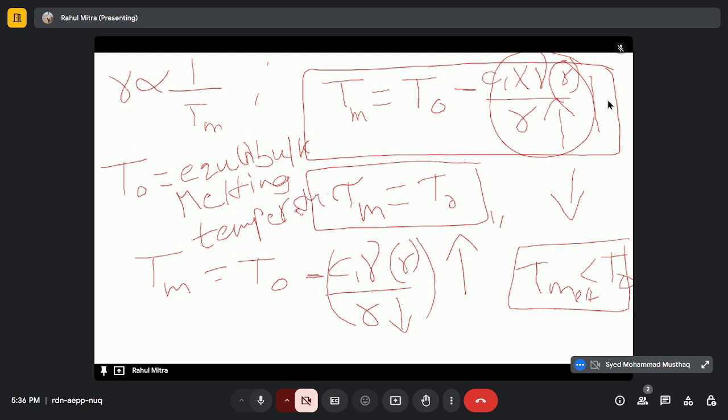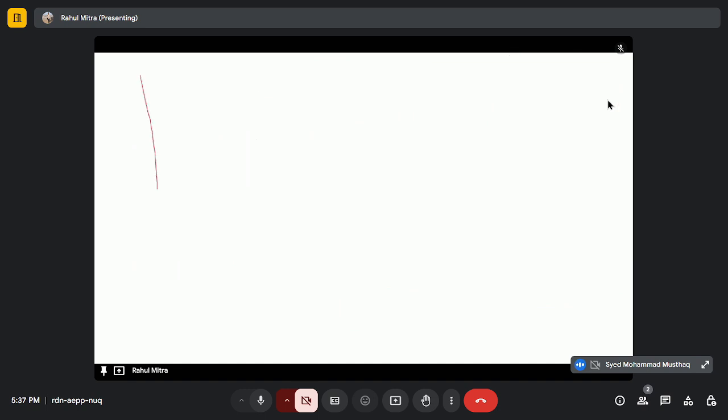So T naught will be equal to the equilibrium or bulk melting temperature. So yeah, we have a relation. If we try to draw the graph, we have temperature and particle size, reaching out to T naught.